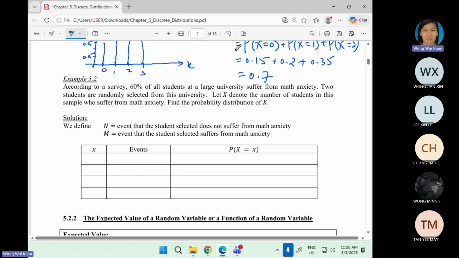Can we find the probability distribution of X? When we are to find the probability distribution, it's actually only the X and the probability of X. Now, your X can take what value? I have two students randomly selected. How many students actually have this problem?